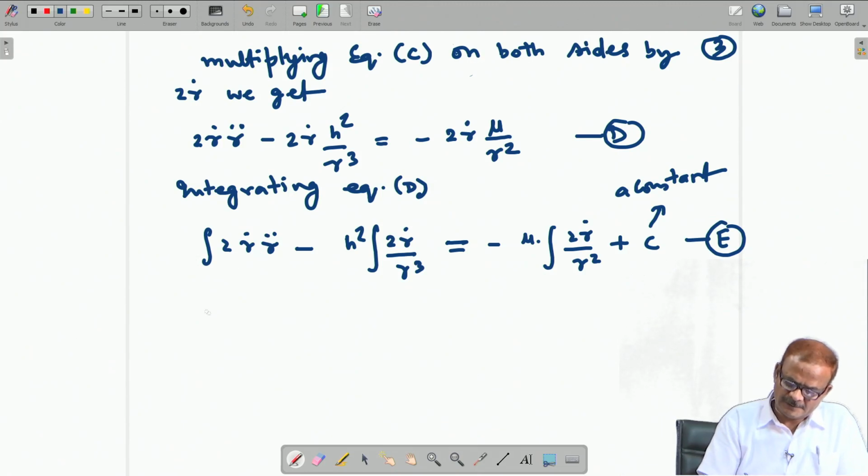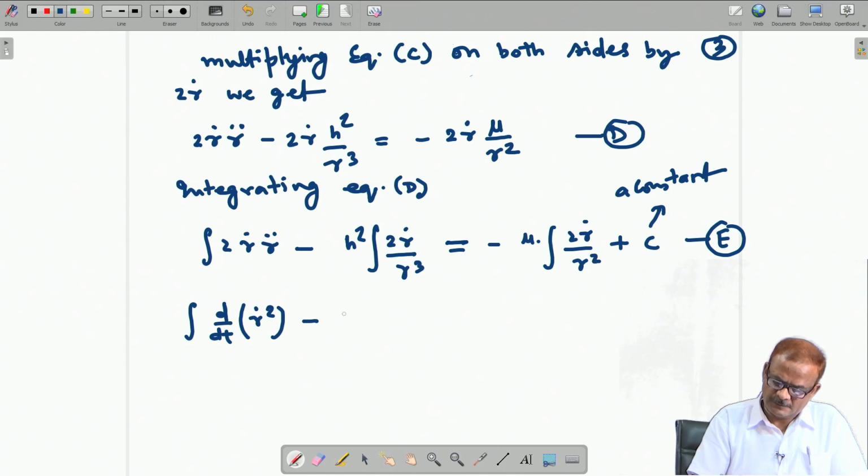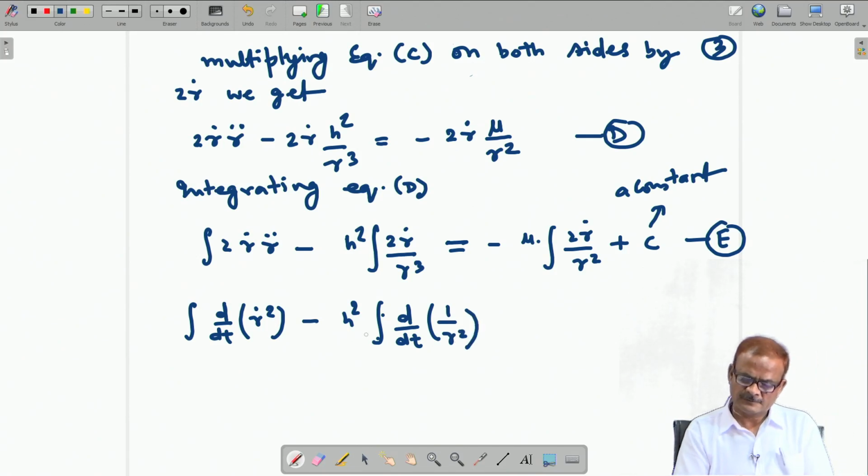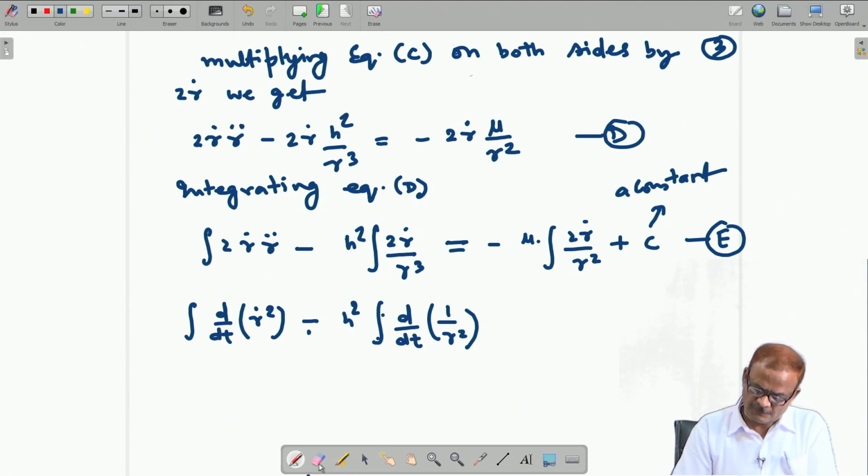If we integrate it, as I told you, we can write this as d by dt of r dot square, then minus h square, and here this will be d by dt of 1 by r square. So, we will explore this term and what the sign will be in this place.